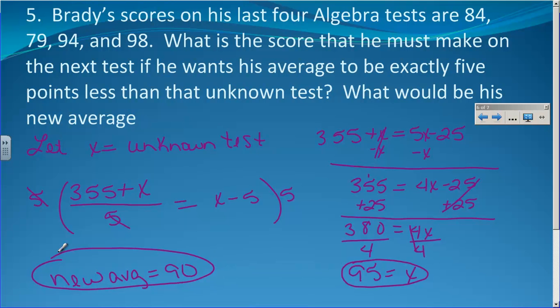I didn't really have to go through all of that because the question said he wants his average to be exactly 5 points less than the unknown test. If the unknown test is 95, 5 points less than that is a 90. It all works like it should. But the important thing to remember about averages is that they are nothing more than a total of points.